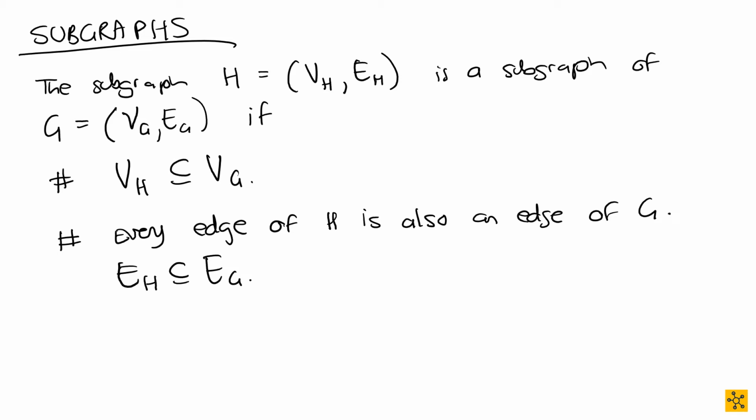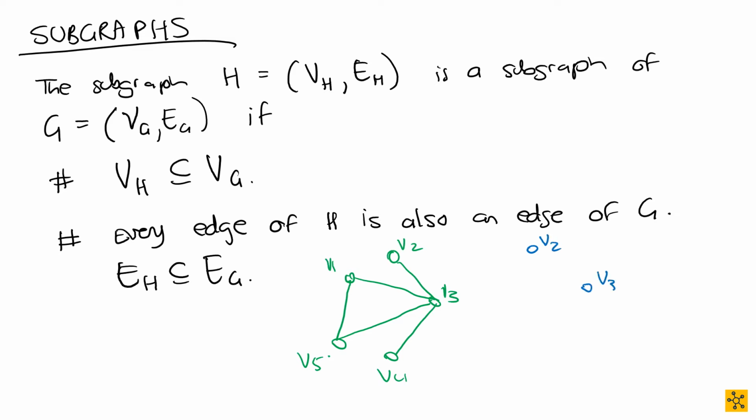So let's do an example. So let's have a main graph, and let's just do this. V1, V2, V3, V4, and V5. A version of a subgraph, again, it's a case of your vertex set of your subgraph must be contained in your vertex set of your graph. So you could have a subgraph where you have just V2 and V3.